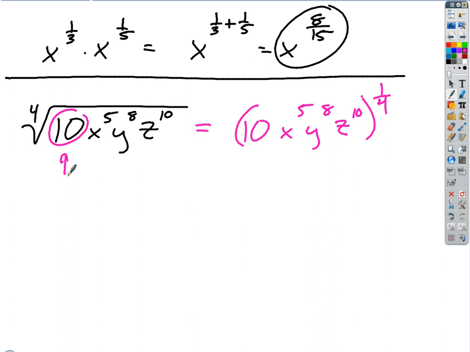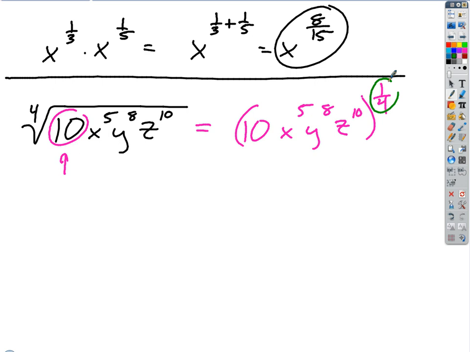So that part's there. Now, what about the variables? The variables are really simple. What does my property of exponents tell me I do if I take powers to powers? In other words, what do I do with that 1/4 there? Yeah, I'm going to distribute it through, aren't I? And multiply it by each of the exponents. Agreed?